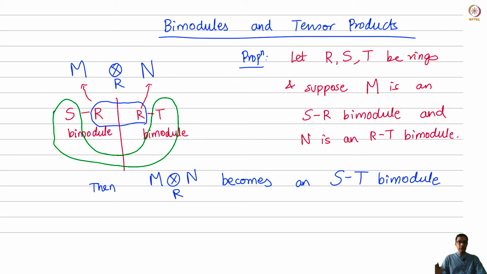Observe, if you didn't have the S and the T, the best we can say in general is that the tensor product is a Z module, that's all. But if you have this additional action, then this proposition says the tensor product becomes an S-T bimodule. So let's say how the actions are defined. Suppose I take an arbitrary element of the tensor product, the sum of mi tensor ni.